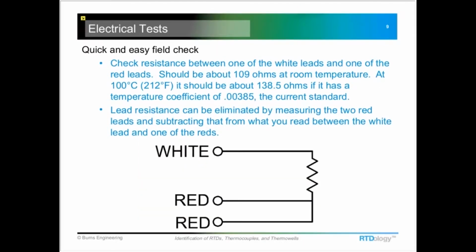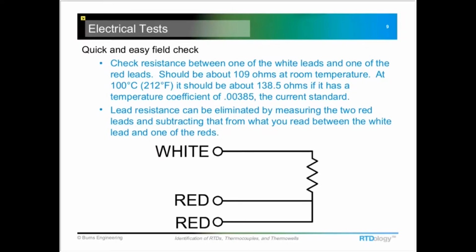What you want to do is check, in the case of a 3-wire system, between the white lead and one of the red leads. You don't want to use both of them, just one of them, and measure that resistance. If we want to get a little more in depth, we can compensate manually for that lead resistance.